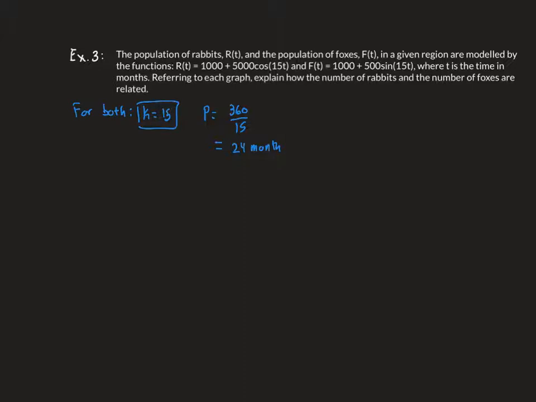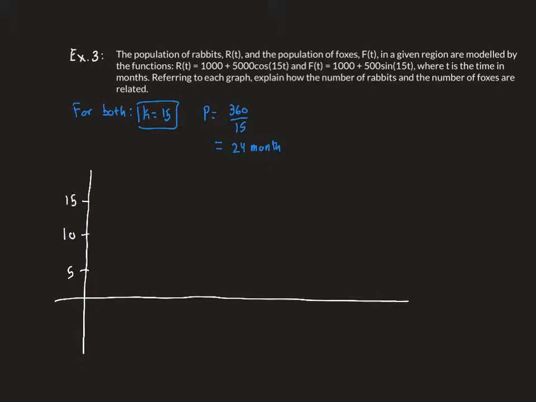Now, we know that we can put them into the same graph. Let's do that. We'll use different colors, though, for their graphs. Okay. Let's go by 5s. So 5, 10, 15.